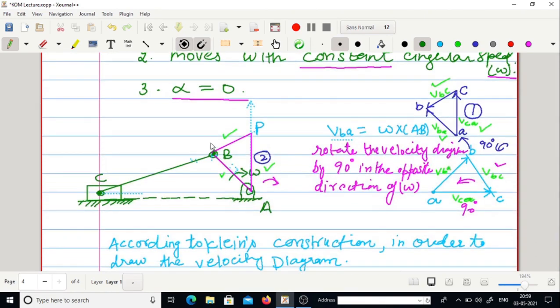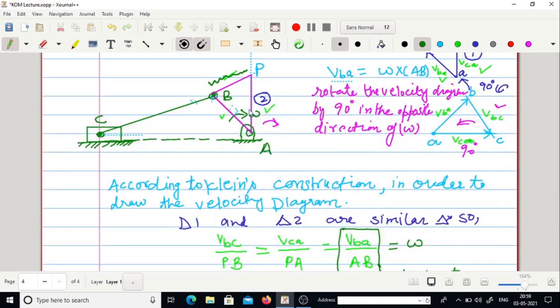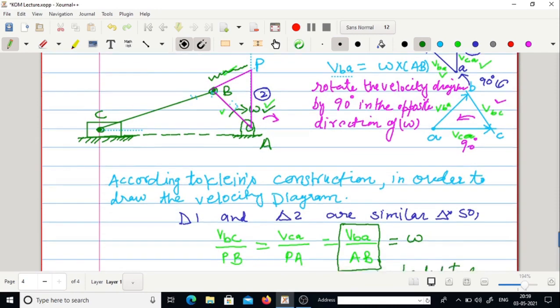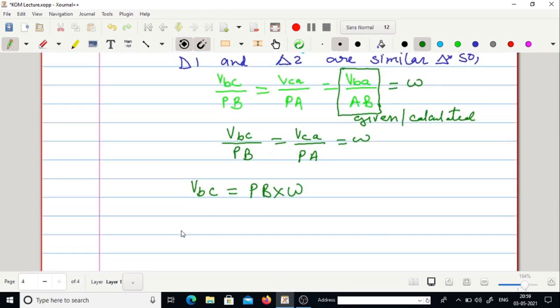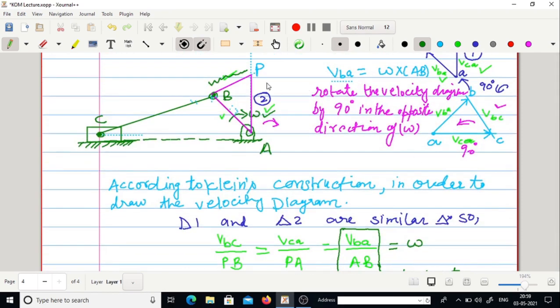You just need to measure this length and multiply with omega. This will give us the velocity of B with respect to C, and in a similar way we can calculate the velocity of C by multiplying the length PA, which is this length, with omega.